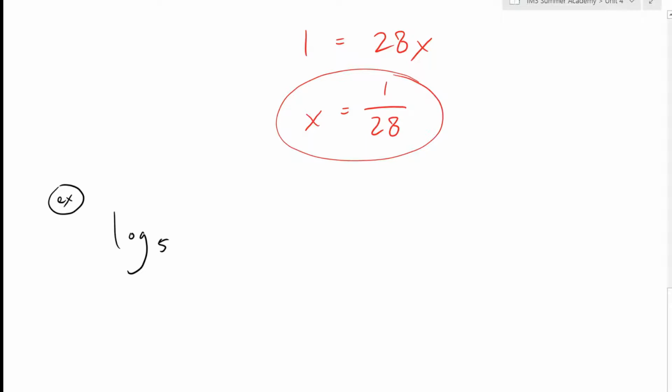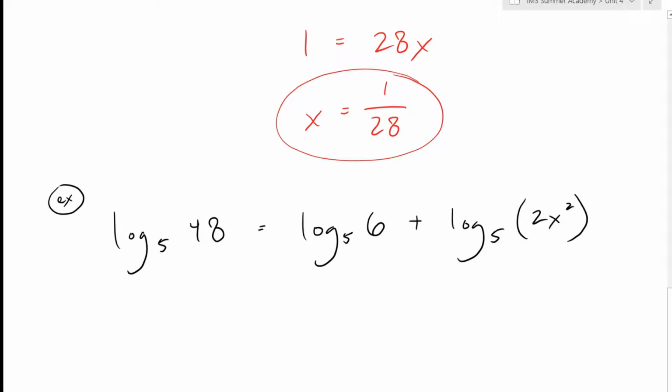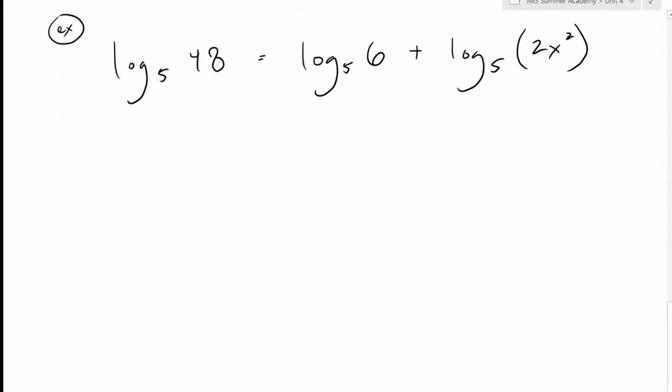Let's say log base 5 of 48 equals log base 5 of 6 plus log base 5 of 2x squared. So again, I want to look at this as a whole. One log term on the left, two on the right. But they all do have log in each term, so if we are able to condense this down, we'll have 1 and 1 and the logs will cancel.